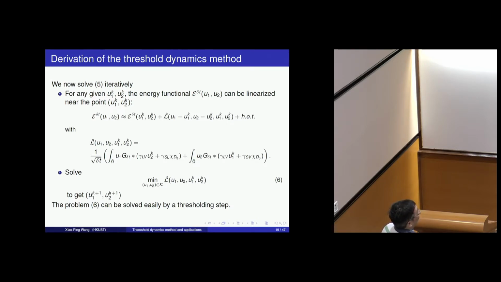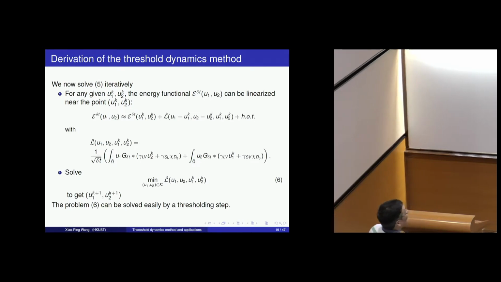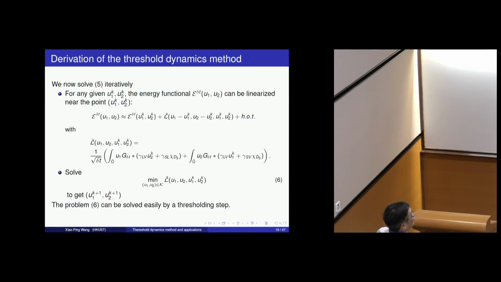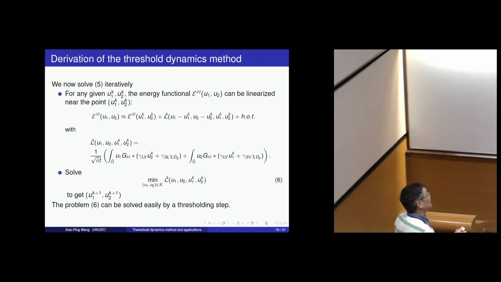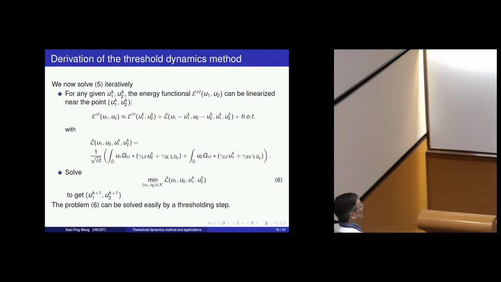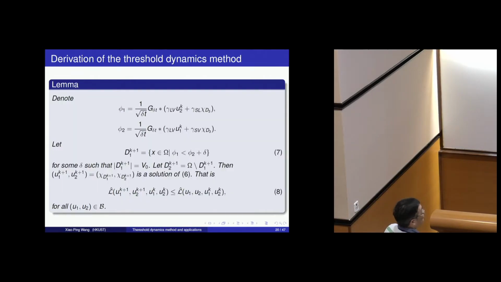So the idea is, like Newton's method, you linearize the original functional, and you find the minimizer over that domain. Because it's a linearized functional, the minimum is easy to obtain. And that leads to the threshold dynamics method.